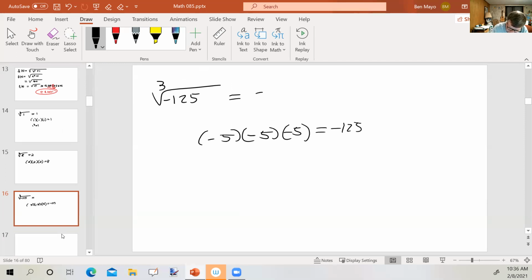How about negative 5? Not only can we take an odd root of a negative number, we can get a negative answer. But with even roots, we can't take an even root of a negative number, and we can't get a negative answer when we take an even root. So the restrictions are on even roots, not on odd roots.